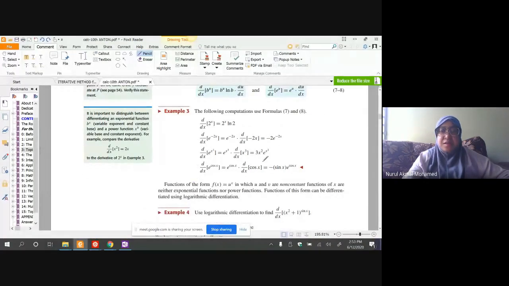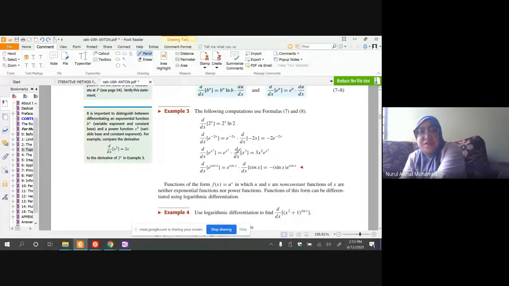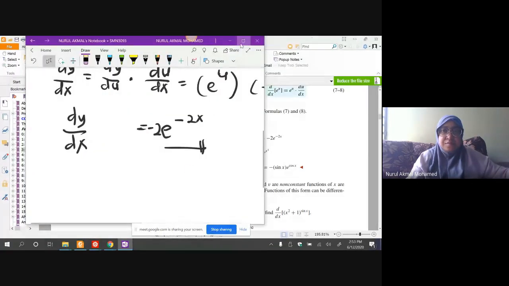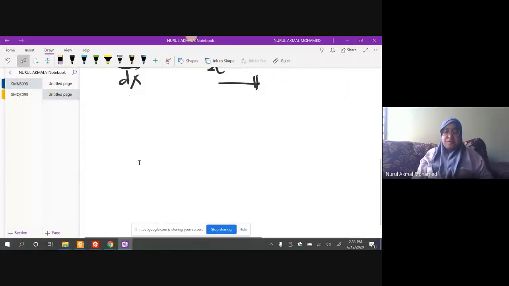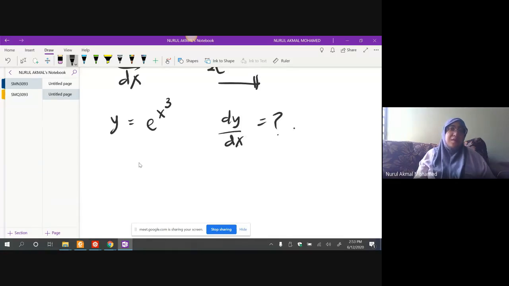For the third one, e to the power of x to the power of 3. So y is equal to e to the power of x cubed, and you want to find dy/dx. We substitute u as x to the power of 3.